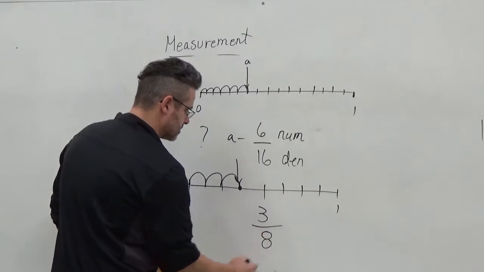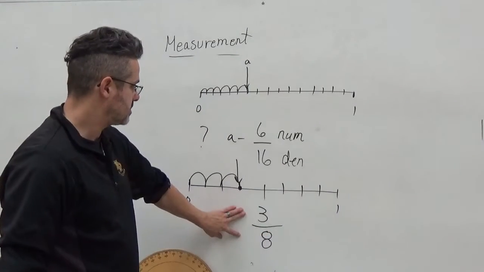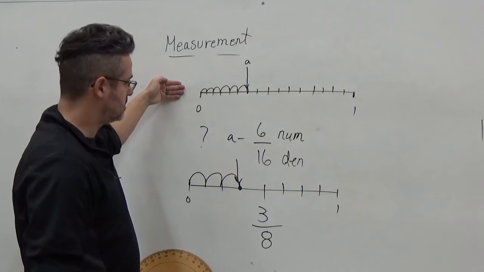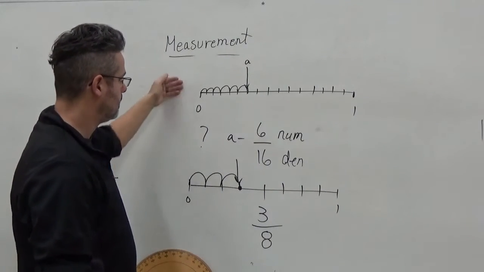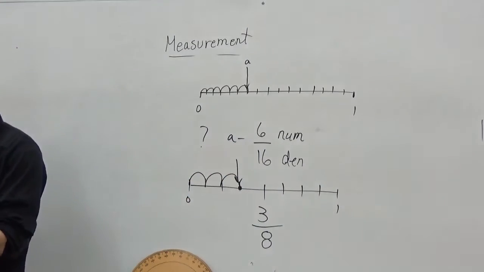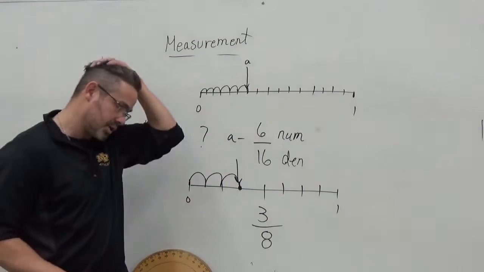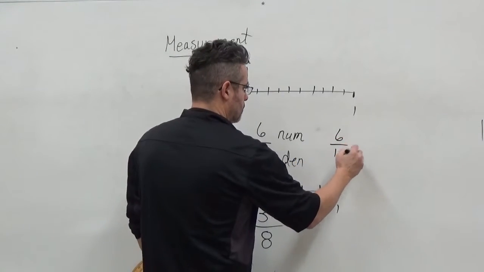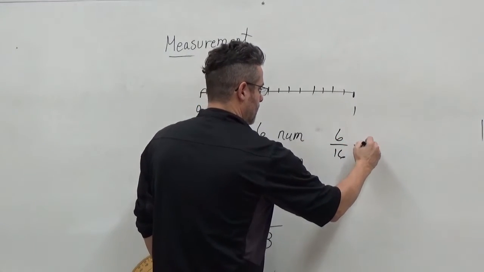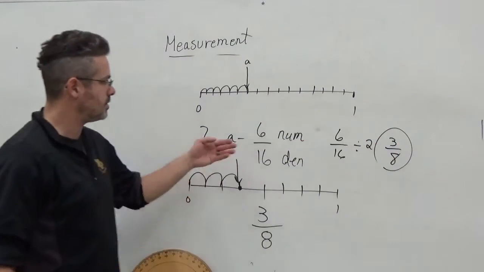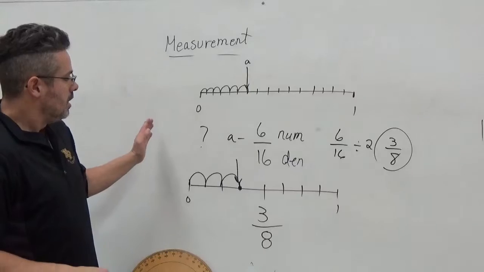There's 8 spaces. So 3/8 in this one. This is 6/16 in this one. And you'll know that from that first page that you did, where you reduce those fractions, that 6/16 actually equals 3/8. And so we would always want to reduce this to 3/8.